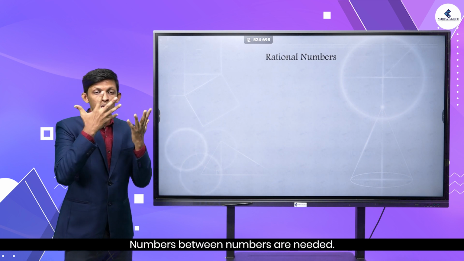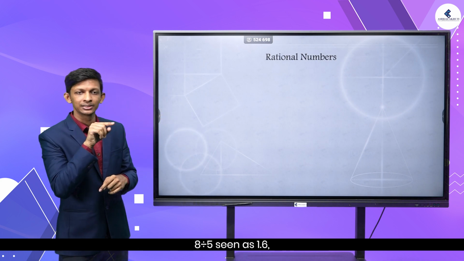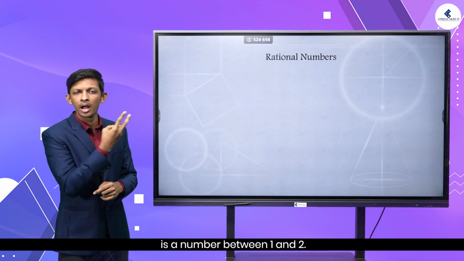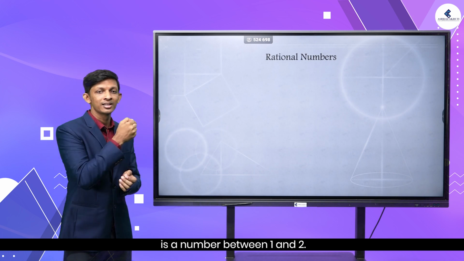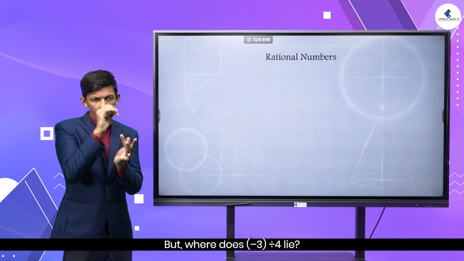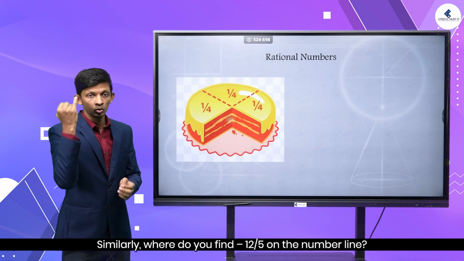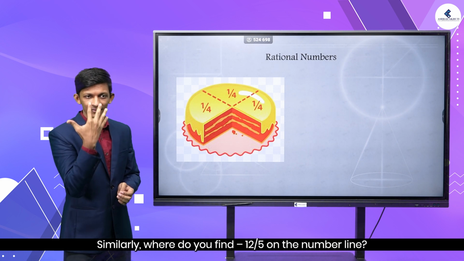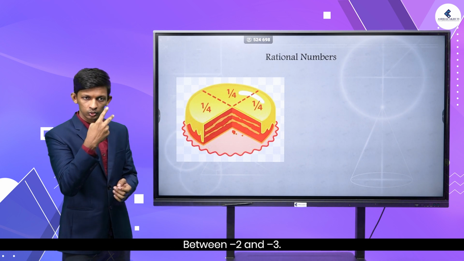Numbers between numbers are needed. 8 divided by 5, seen as 1.6, is a number between 1 and 2. But where does minus 3 divided by 4 lie? Between 0 and minus 1. Similarly, where do you find minus 12 by 5 on the number line? Between minus 2 and minus 3.